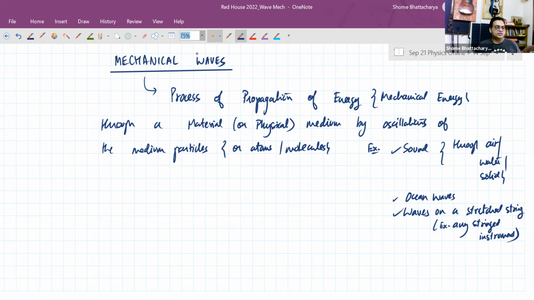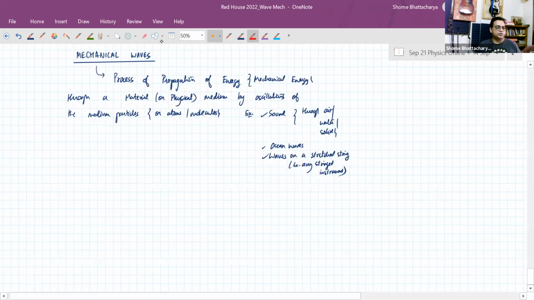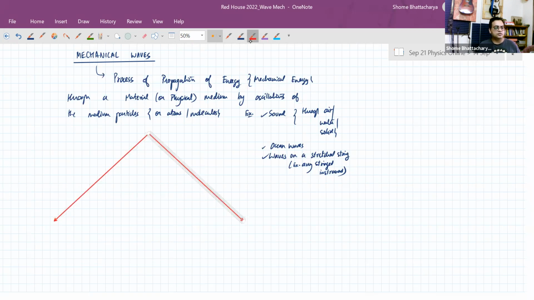Now, based on this definition, as you surely know, we further classify them into two categories, right? Longitudinal waves and transverse waves.